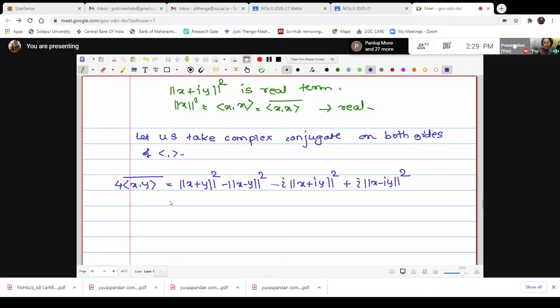Therefore let us arrange accordingly. This is norm square of y plus x. Here I want to take y first. Therefore let us take a negative common, and by taking that negative common, the negative scalar is taken out with the modulus. Therefore there is no change. Therefore this is norm square of y minus x. Okay, what happened here?